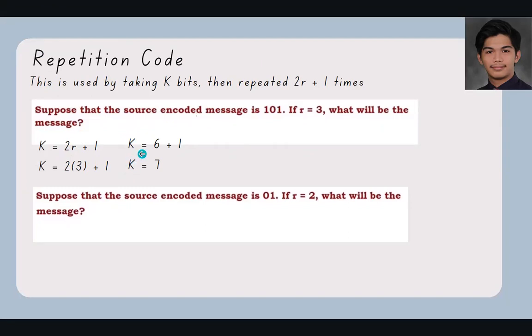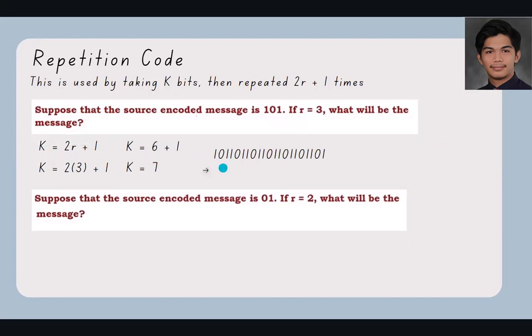Now that we have solved for k, the next step is to repeat the code word by k, or by 7, which means that 101 will be repeated 7 times. As a result, this is the final answer: 101, 101, 101, 101, 101, 101, 101, which means it is repeated 7 times.